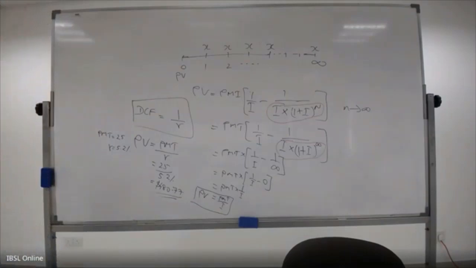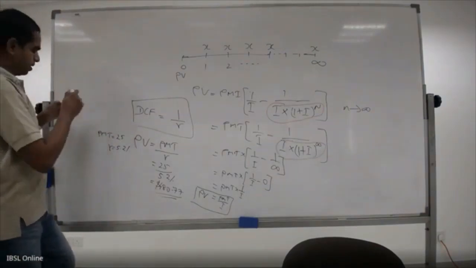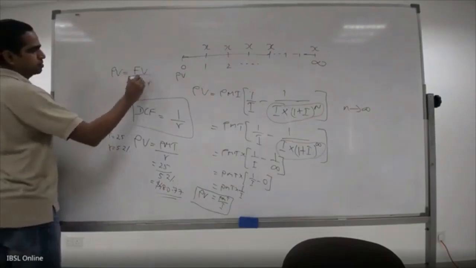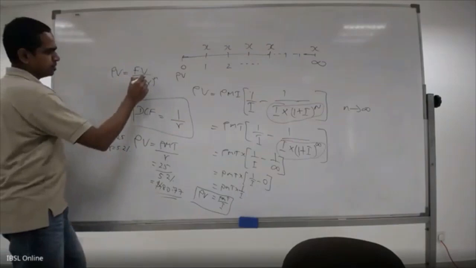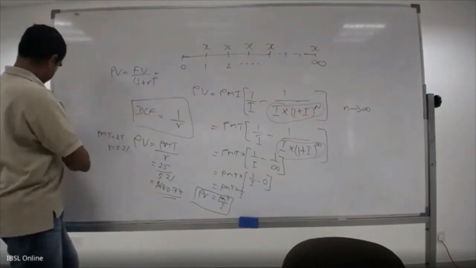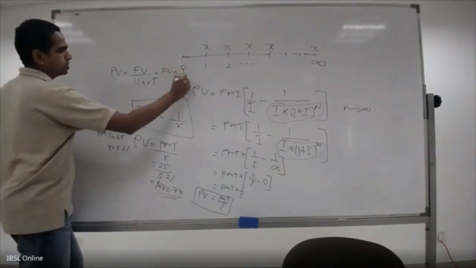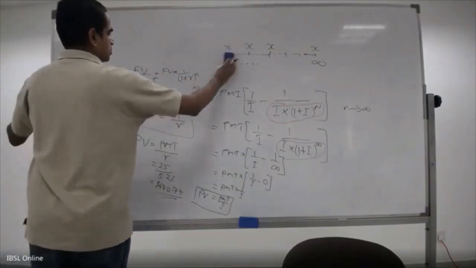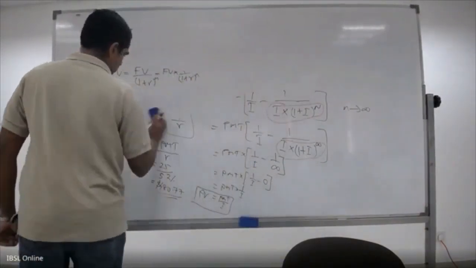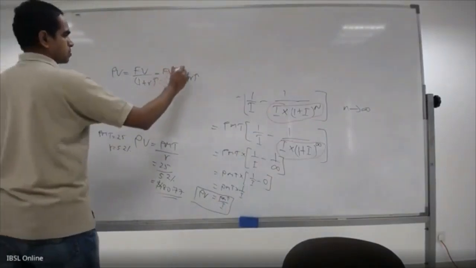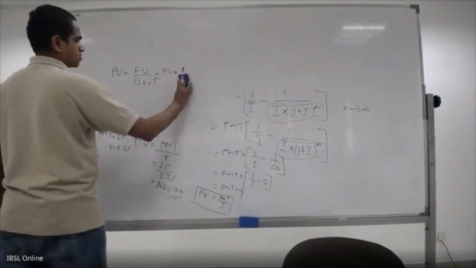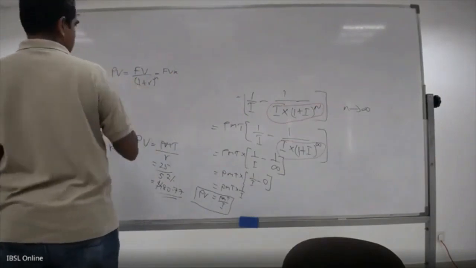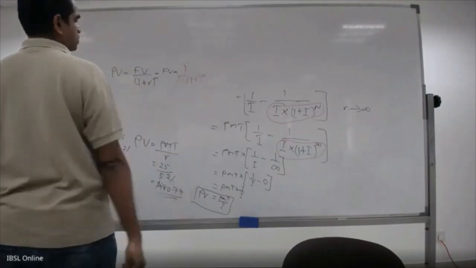Discount factor. If you take the normal present value formula, future value over 1 plus r to the power n, this is equal to future value times 1 over 1 plus r to the power n, right?